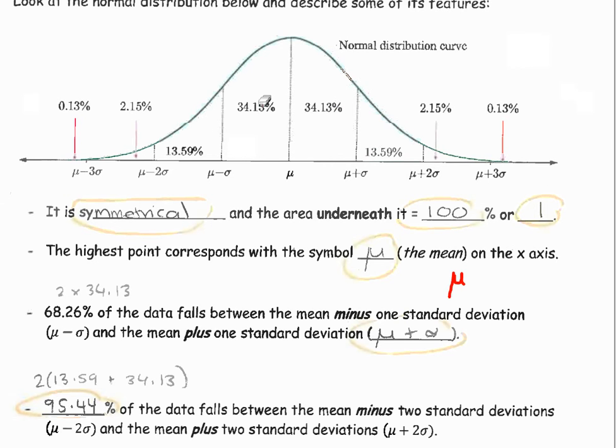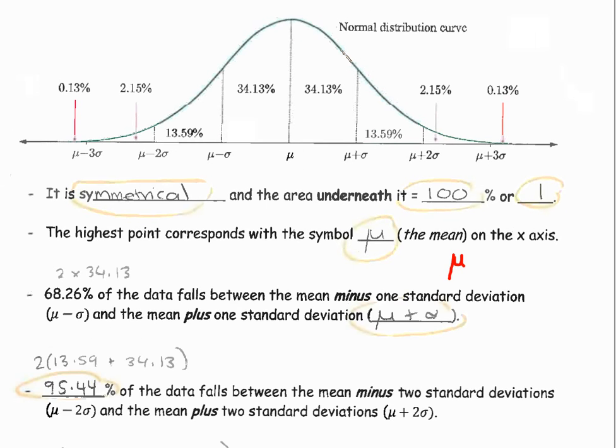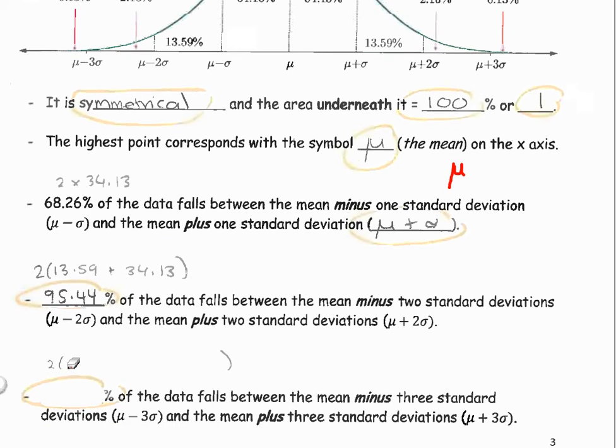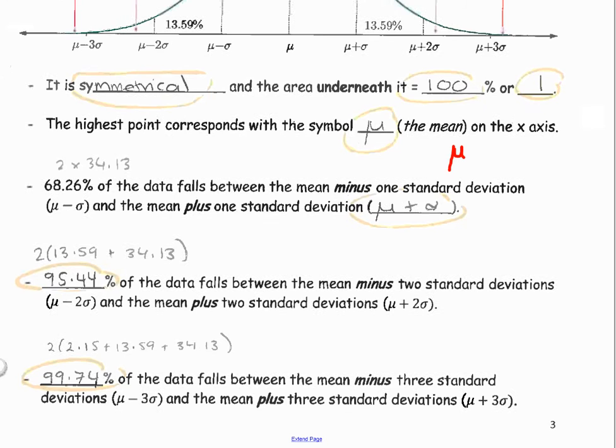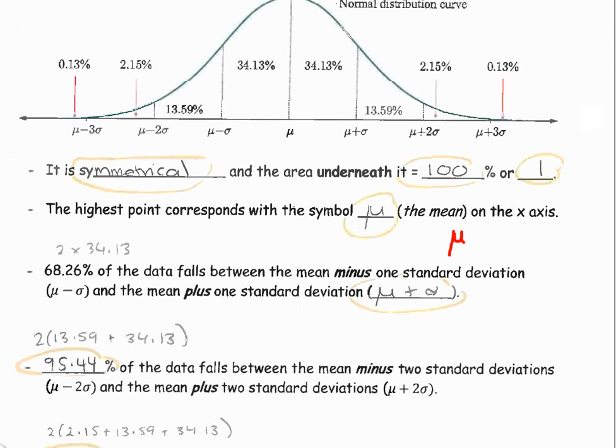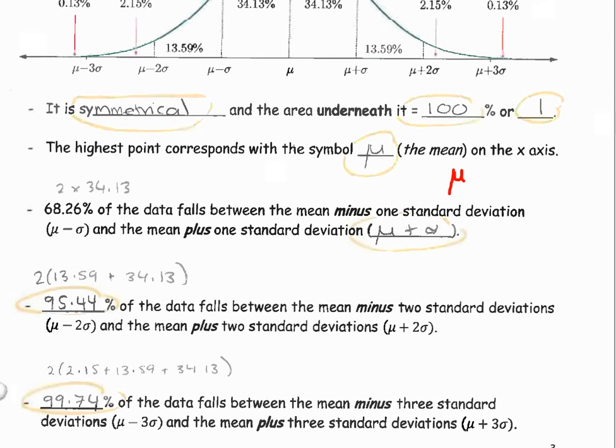So adding up those 6, well, I added up the 3 and then I just doubled it. If you plug that into a calculator, add up all those probabilities or percentages, you get 99.74% of the data falls between the mean minus 3 standard deviations and the mean plus 3 standard deviations.